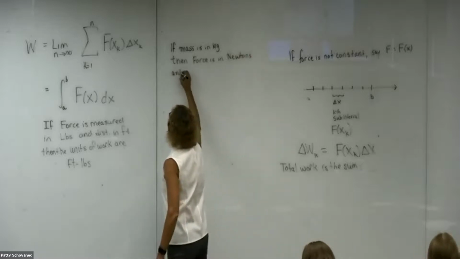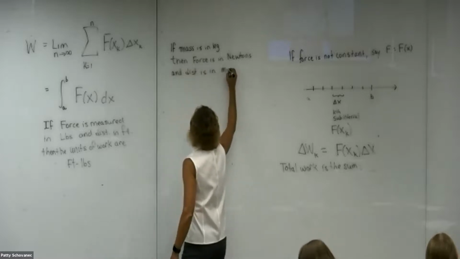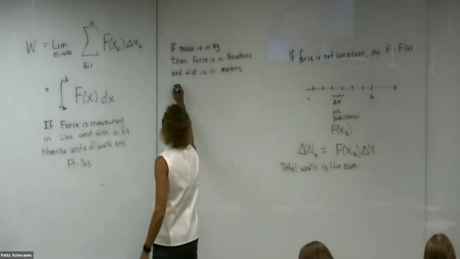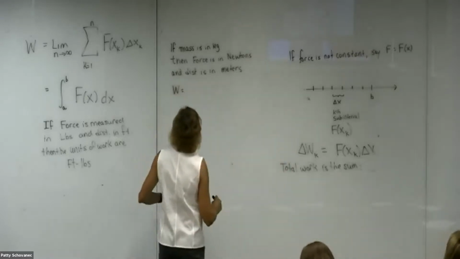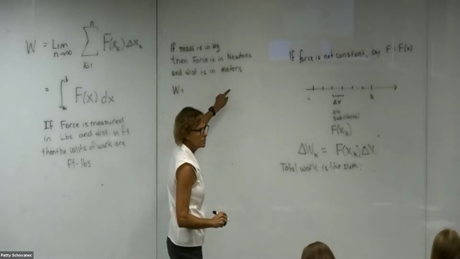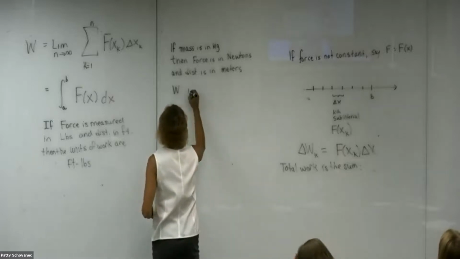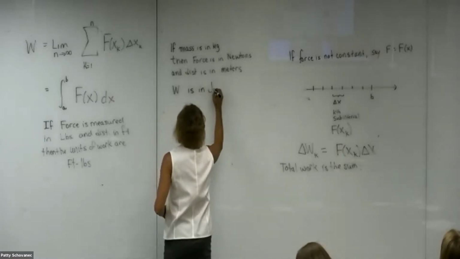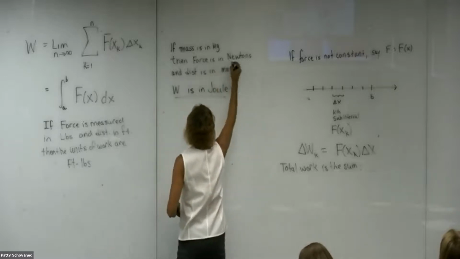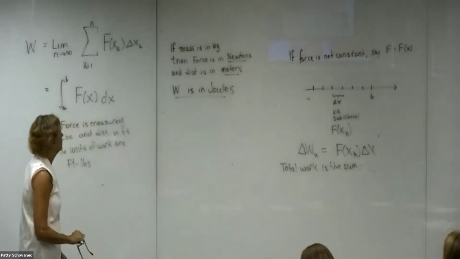And then distance is in meters. And work would then be Newton meters, but nobody calls them Newton meters. What are Newton meters called? Joules. Work is in joules. Okay, so Newton meters are called joules.